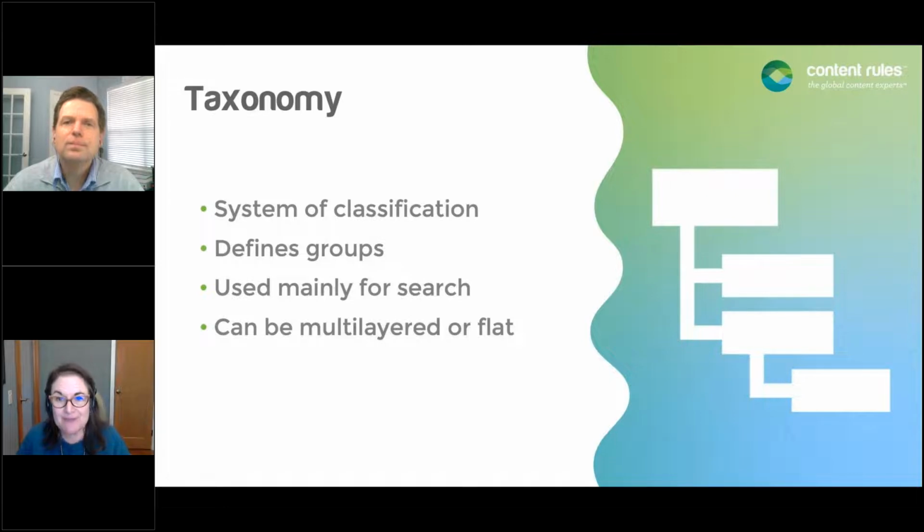You really need to be able to find them quickly and conveniently so that you don't make the mistake of accidentally making another one when you already have one. So the taxonomy is usually used for search. It can be very multi-layered, treed, and branched, or it can be flatter. It really depends. We work with organizations all the time on what is the right taxonomy for your content.